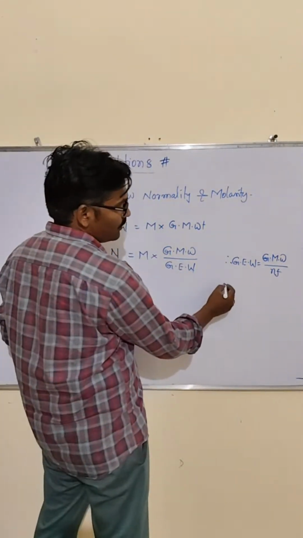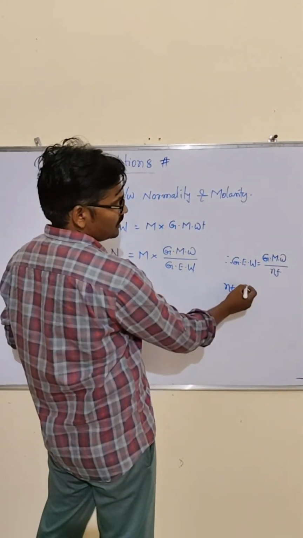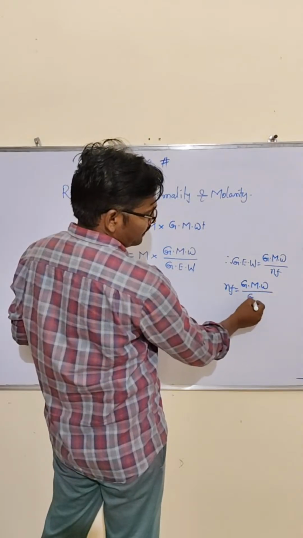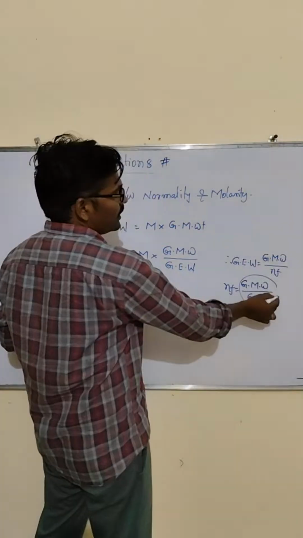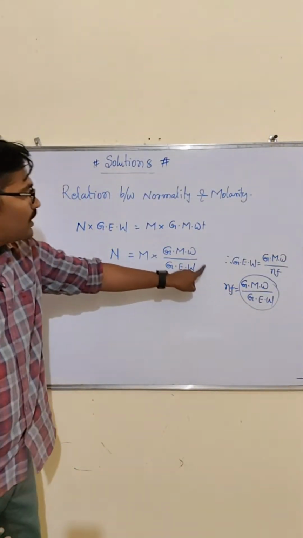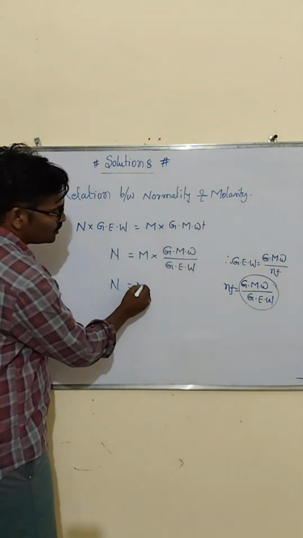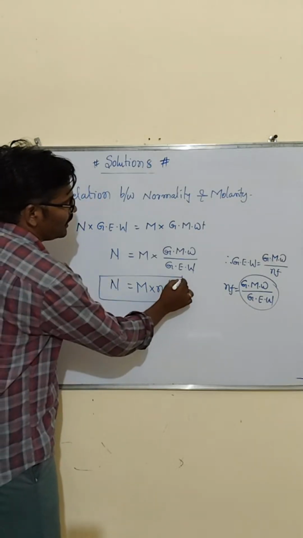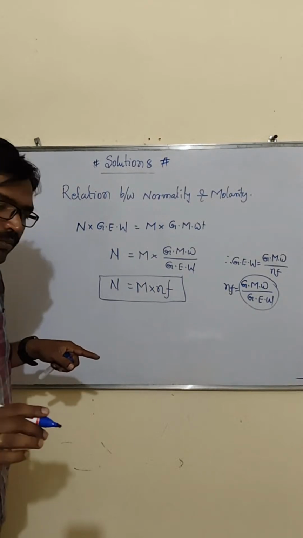So in case n factor is required, from this formula, gram molecular weight divided by gram equivalent weight becomes n factor. So can we use the n factor in place of gram molecular weight divided by gram equivalent weight? Yes, you can use it. So normality equals molarity into n factor. Okay, clear, my dear students? So this is the relation between molarity and normality.